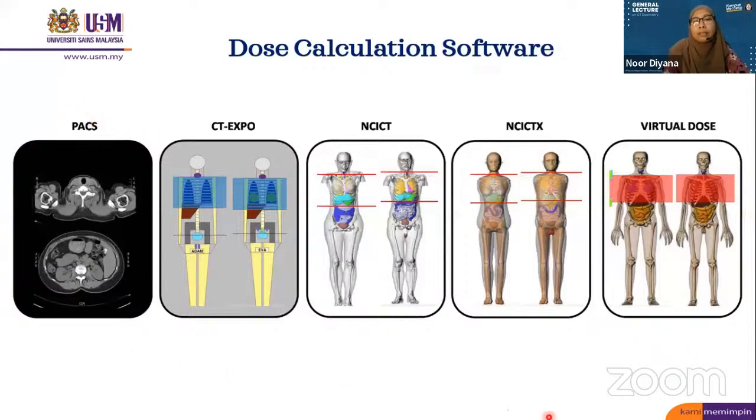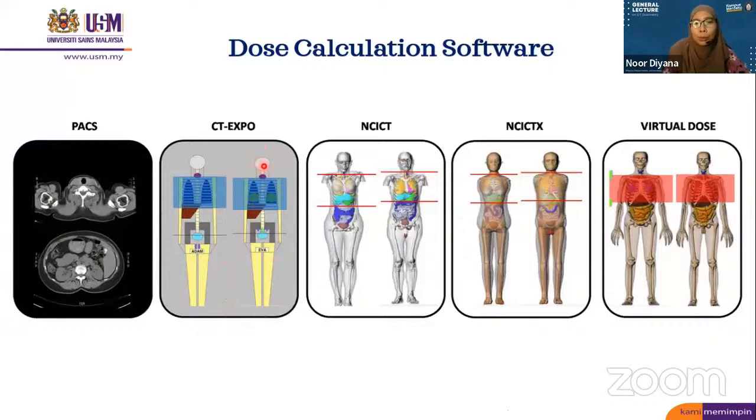Okay, this is some example of dose calculation software. Some are free, some are licensed, where you need to apply for a license, and some are commercially available and you need to buy it. I think CT-Expo is free, but the limitation is the model that it uses.